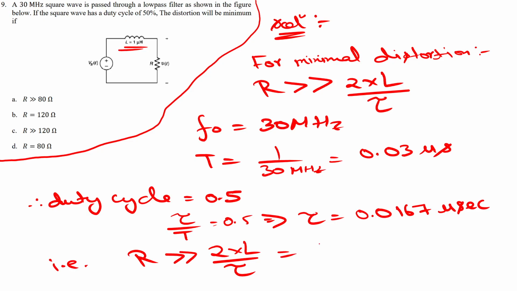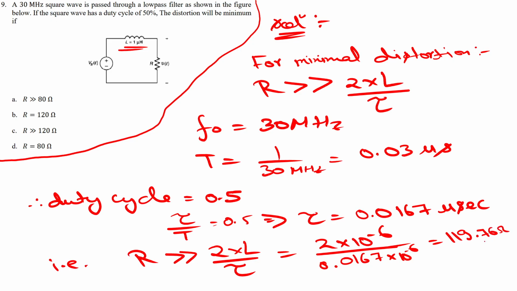So it comes out to be 2 into L, which is 10 to the power minus 6, and tau is, sorry, tau is 0.0167 microseconds. And when we solve this, we will get 119.76 ohms. So R is approximately equal to 120 ohms.